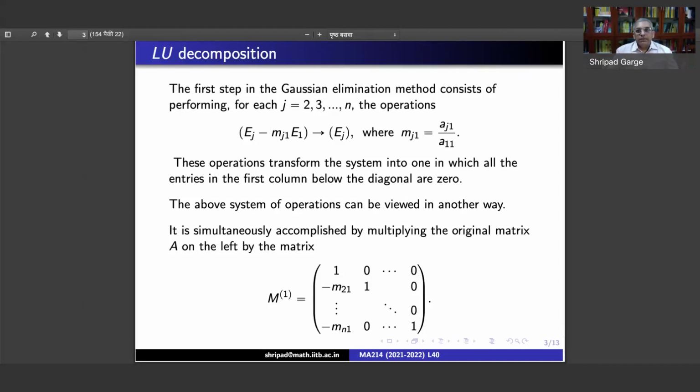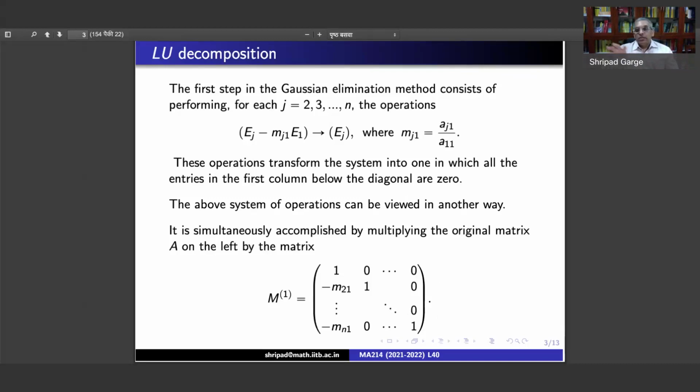This is what happens every time you are having an ith row, let's say, of the matrix capital M superscript 1. It will have only two non-zero entries. You will have a minus Mi1 in the first column, and in the diagonal you will have 1. All other entries are 0.